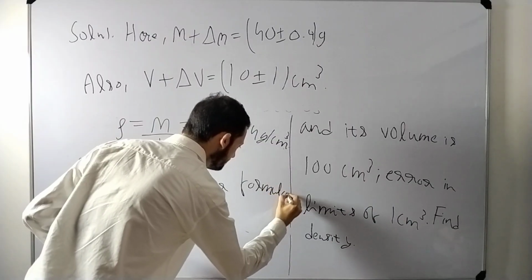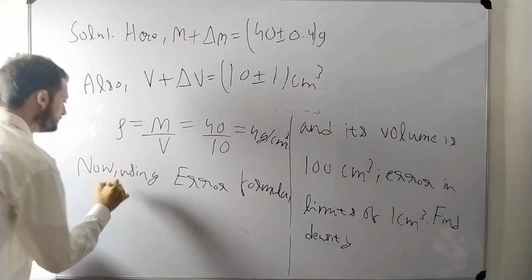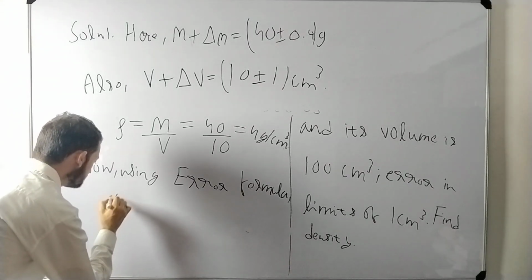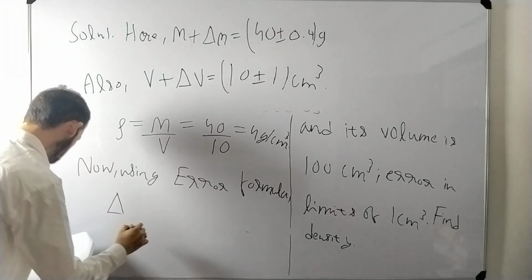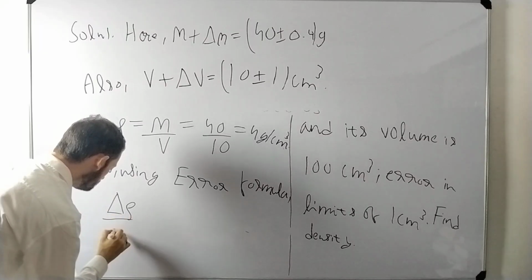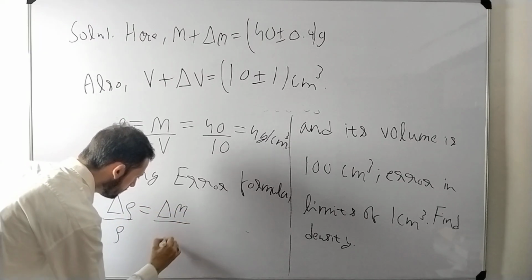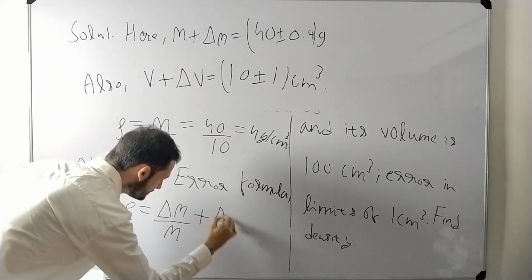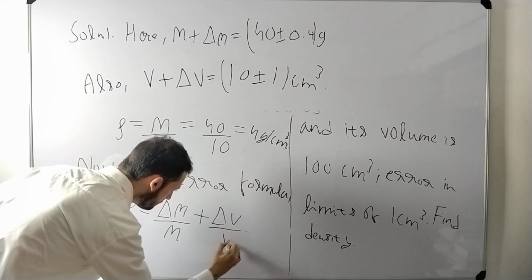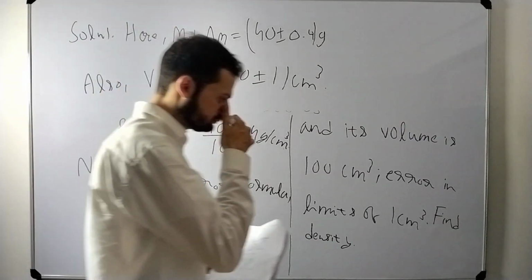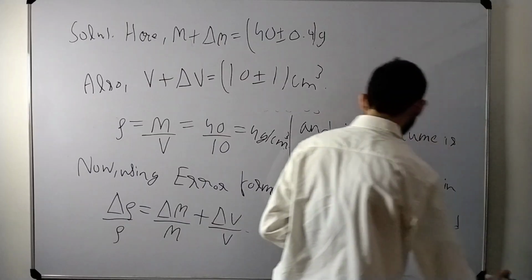What was the error formula, students? What was the error formula? Sir, del rho upon rho equals del m upon m plus del v upon v. Yes, and that is the formula. Now put the values here.